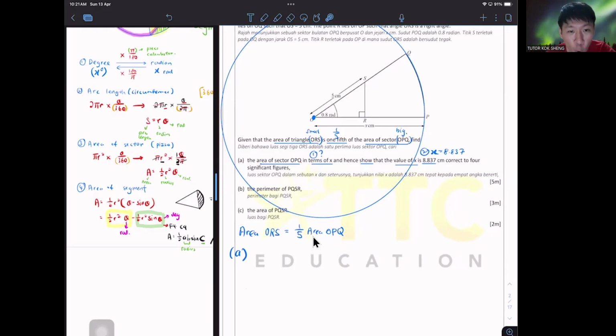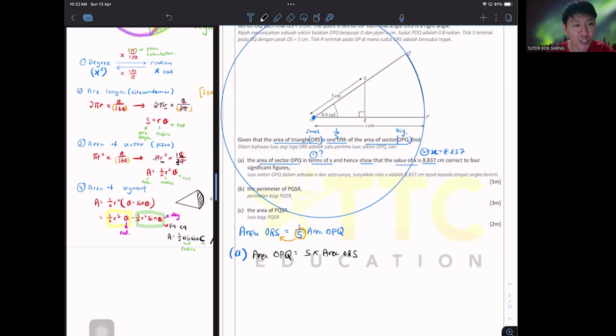To find OPQ, we can use the ORS area and multiply by 5. Which means the area of OPQ is equal to 5 times the area of ORS. Let's find the area ORS, then we can times 5.